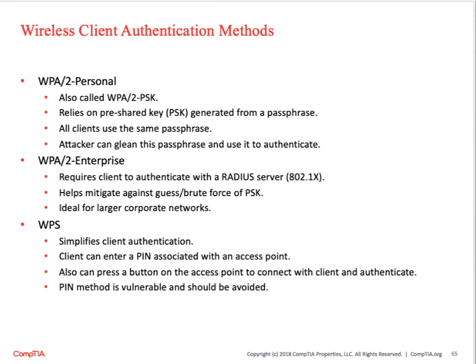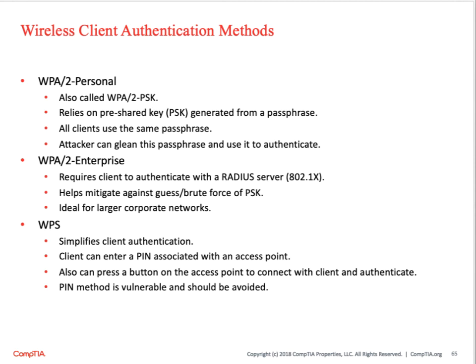Wireless client authentication methods. When we configure a WEP or WPA2 wireless network, we have the option of choosing between three methods of client authentication. In WPA or WPA2 Personal, this is going to be called WPA2-PSK, which means pre-shared key.